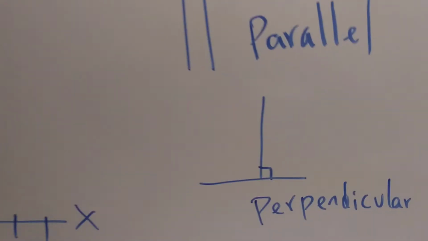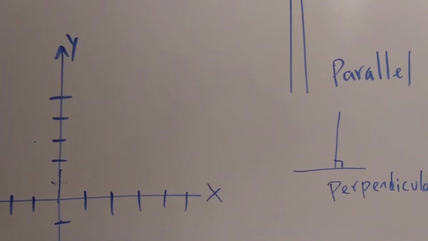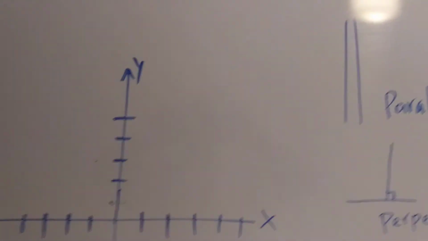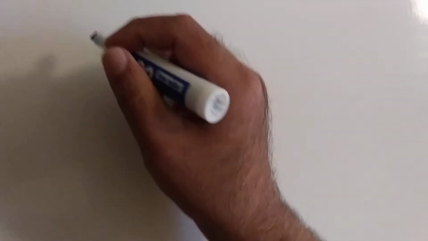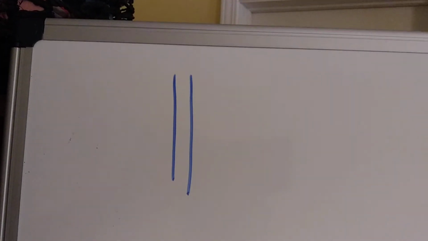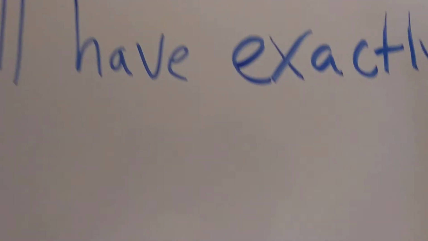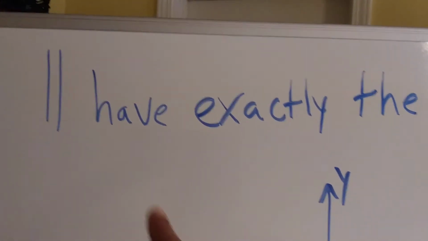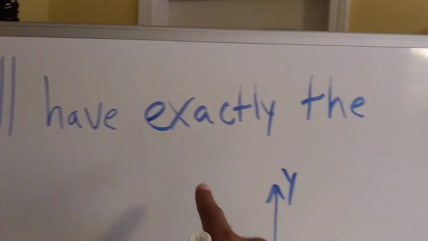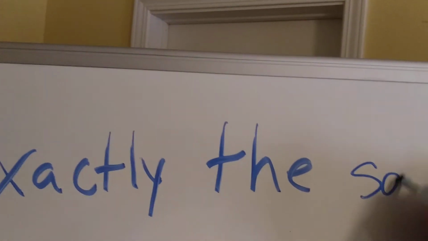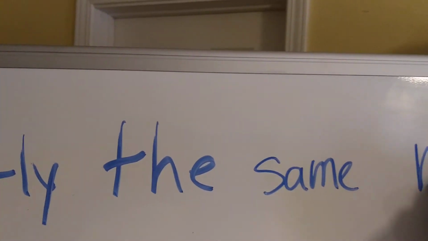And so one of the definitions you've got to remember is that parallel lines, I'll write it down here, and I'll just use the abbreviation of two lines like that, which symbolizes parallel lines, have exactly the same slope.